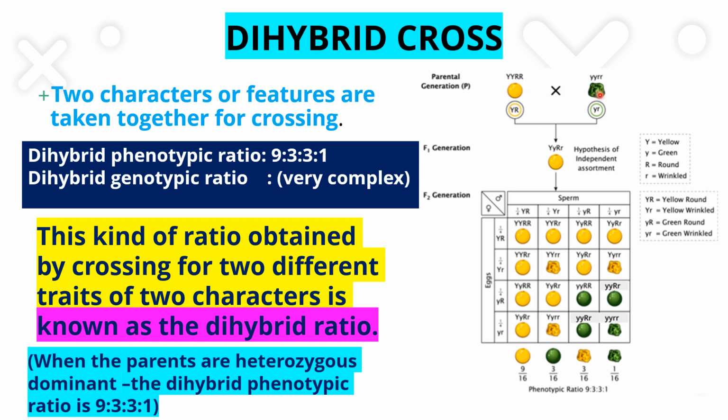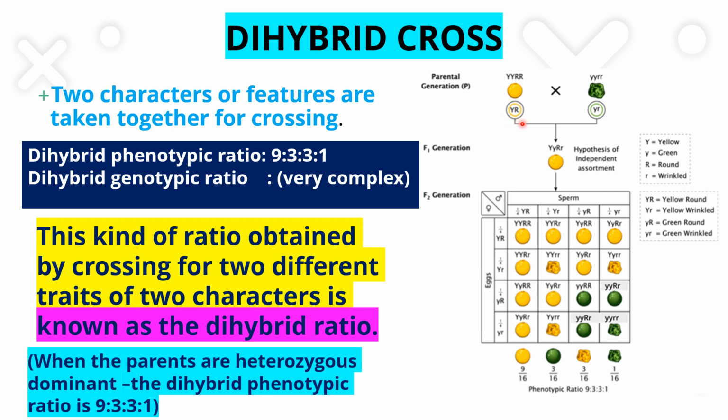Then 2 characters we are taking for each parent. Then what are the possible gametes we are getting from each parent? From the first parent, the homozygous dominant parent, capital Y, capital R; from the homozygous recessive parent, small y, small r.